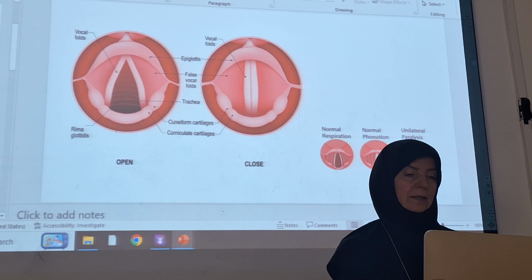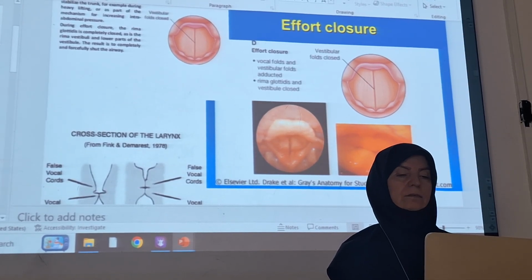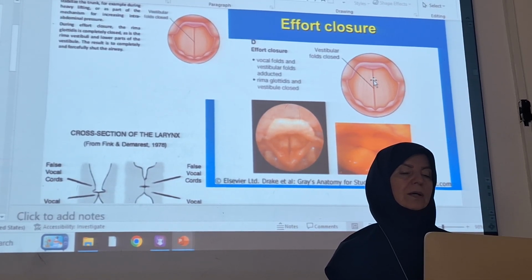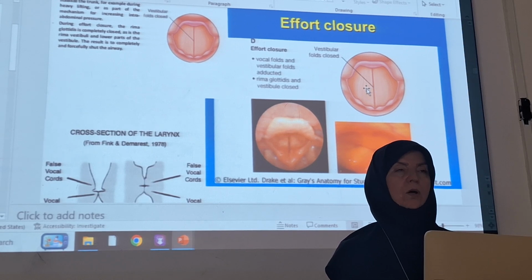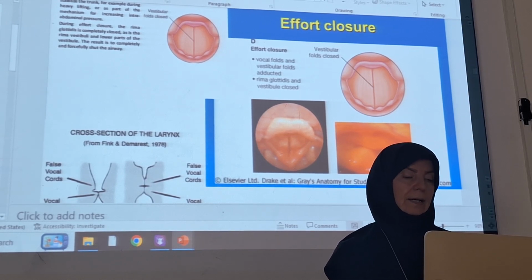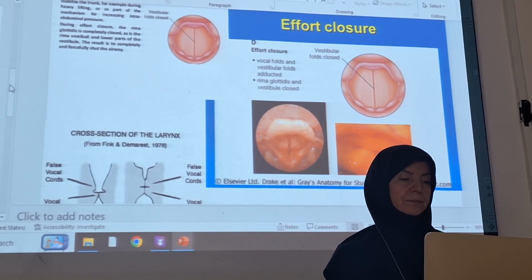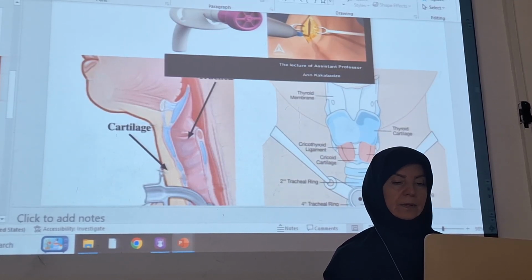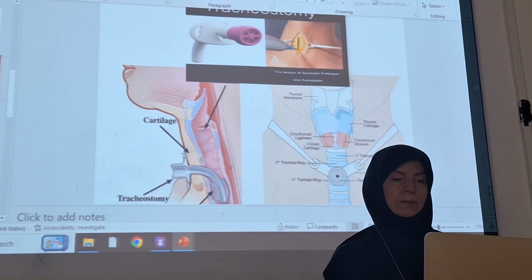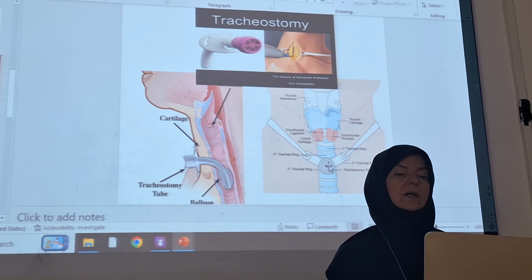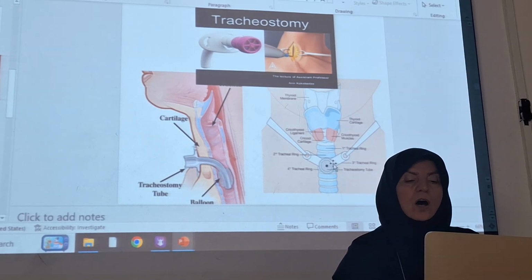And here, again, it is going to remind you that the vestibular fold is closed. And in this picture, it is going to remind you how you can reach the trachea.